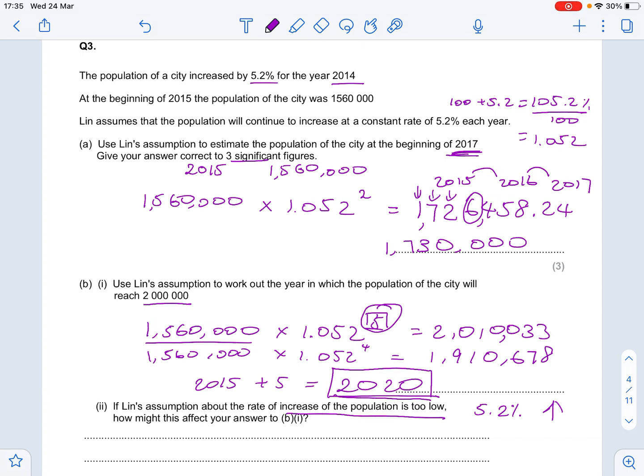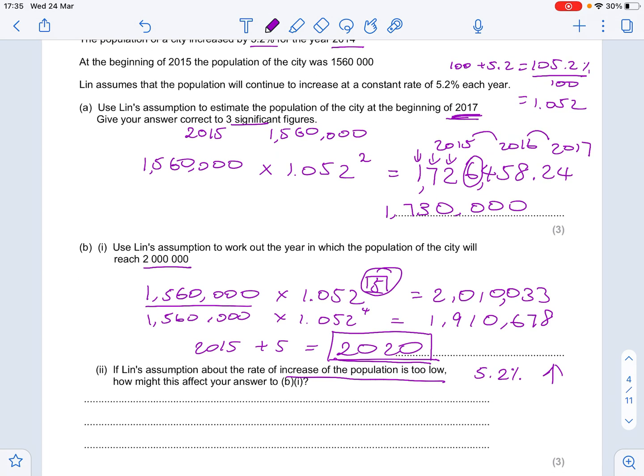So 1,560,000 is going to be multiplied by a number that is greater than 1.052. So this could be 10%, which makes this 1.1.